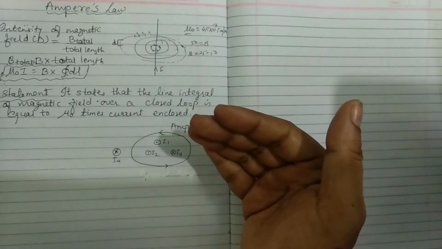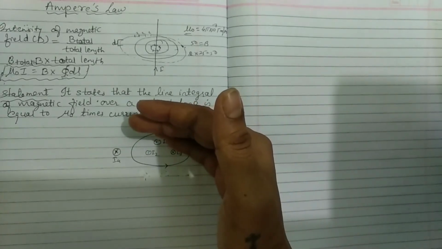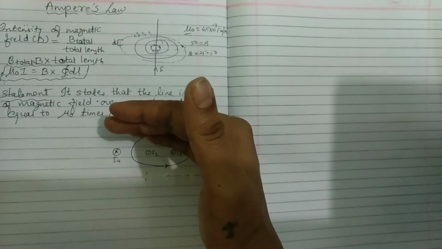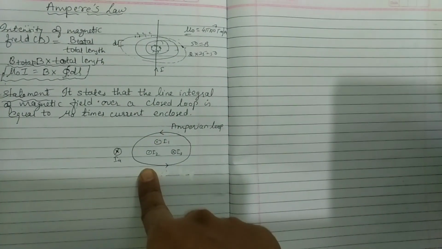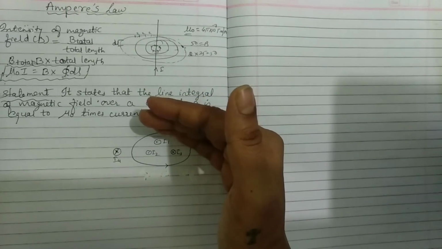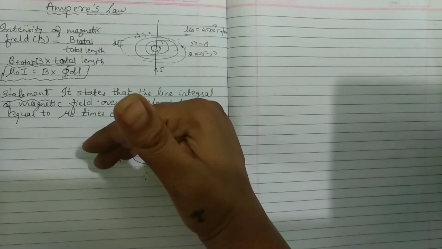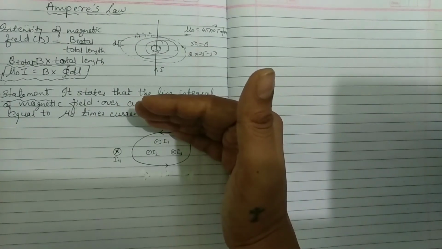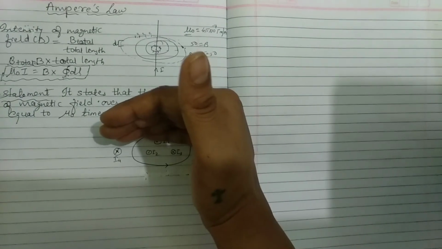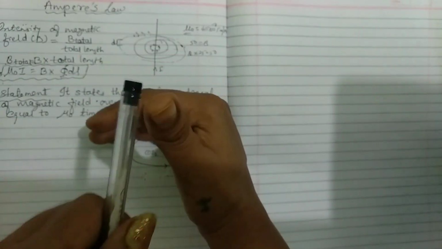If you curl the right hand palm along the Amperian loop, with fingers in the direction of integration, then the current is in the direction of the stretched thumb. If I curl my fingers along the Amperian loop, then the direction of current is decided by the thumb.